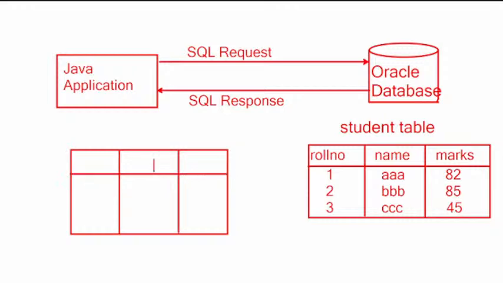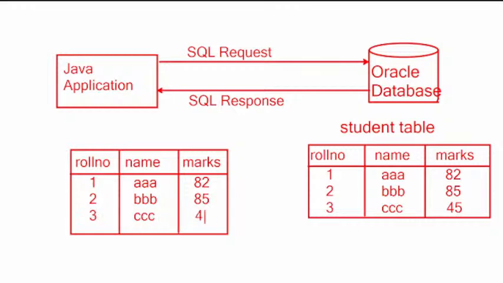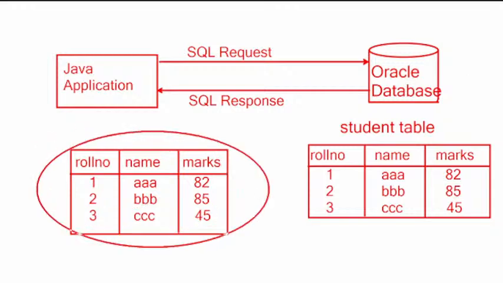So the object is different, the table is different. I'll explain with diagrams. Say roll number, name. Don't write, I'll give time for writing. This is like one object, a result set object.